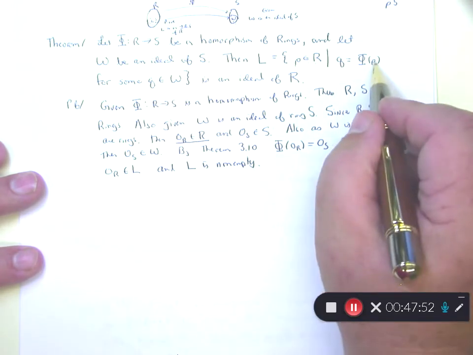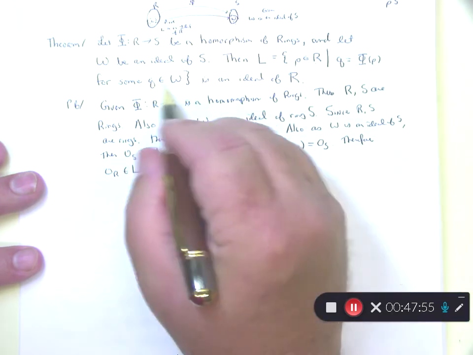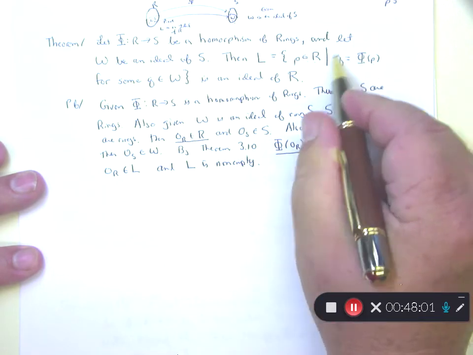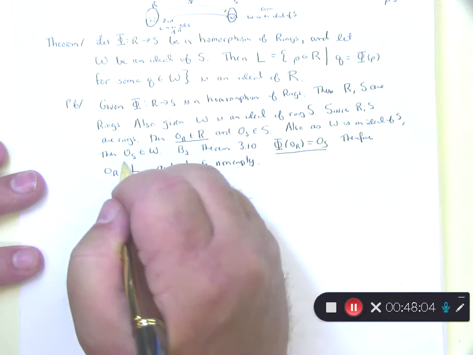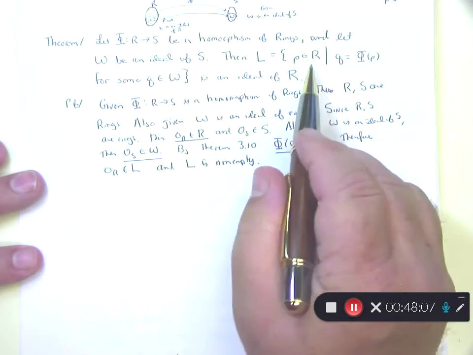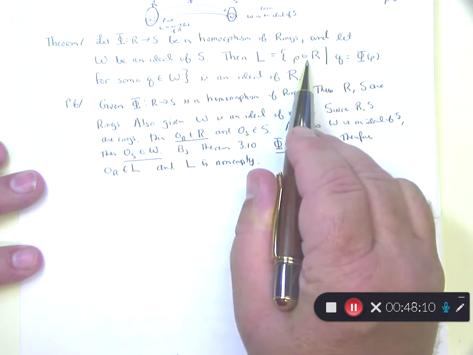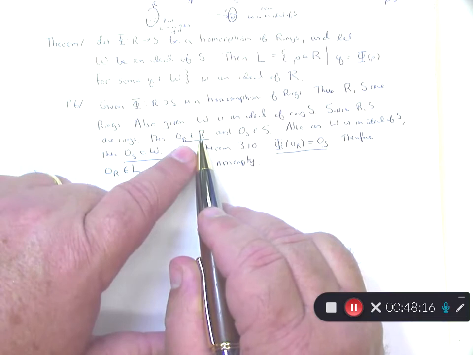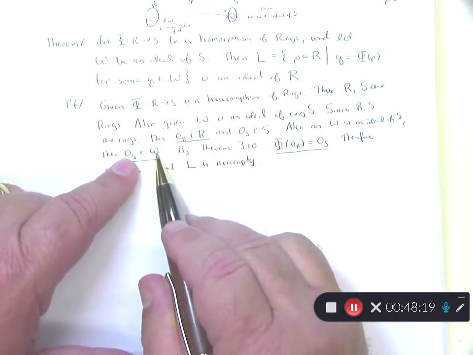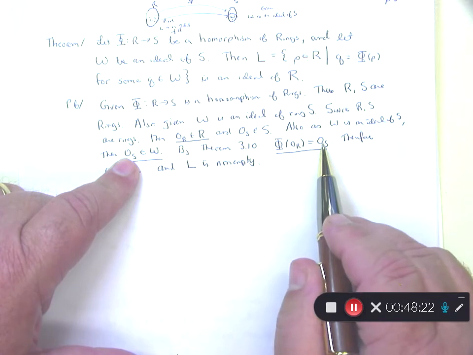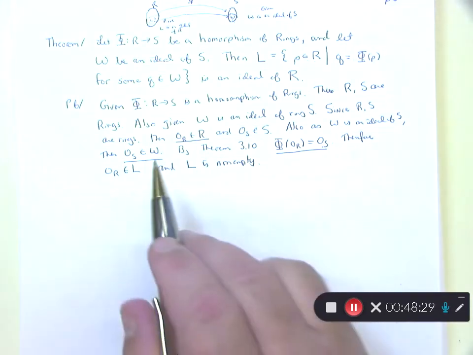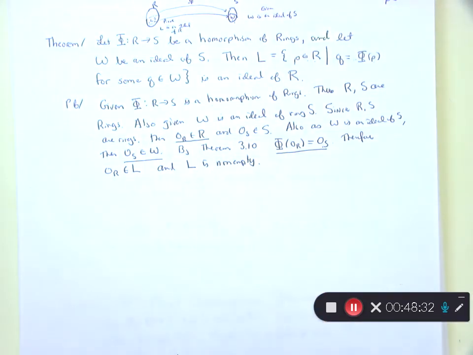Phi of P will have to be equal to Q for some Q in W. Well, phi of 0R equals 0S, so that equation of the homomorphism is satisfied, where 0S came from W. So I've got where I come from, and then two properties I own: 0R is in R, and 0S is an element of W, and phi of 0R equals 0S. So I'm mapping 0R to an element of W. All things have been satisfied. That's what puts 0R inside of L, and L is non-empty. I'll continue to do this as I go through this proof.